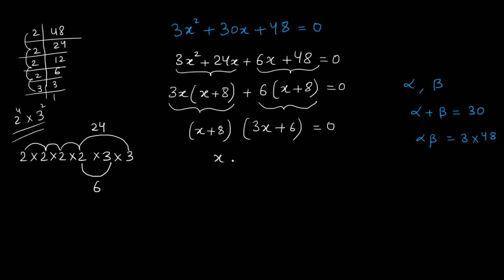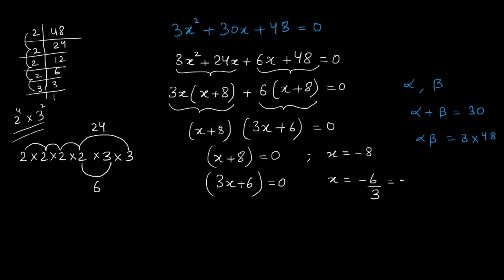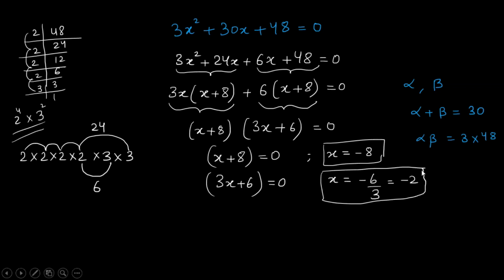So x plus 8 should be 0, and 3x plus 6 should be 0. From here we can write x should be minus 8, and from here we can write x should be minus 6 divided by 3, which is equal to minus 2. So we got the two values of x, and we have solved the quadratic equation.